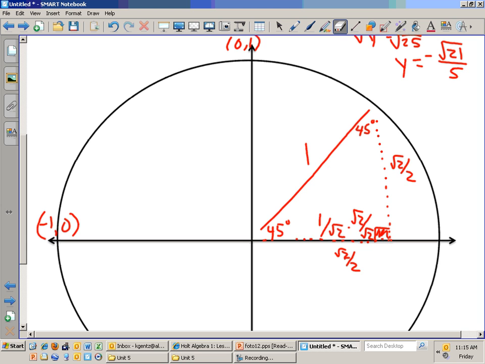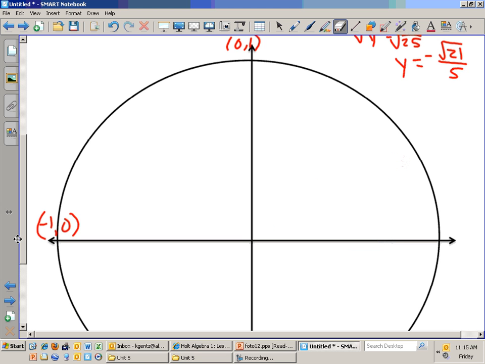So now I will construct a triangle of 60 degrees. That would make this 90. That would make this 30. Tell me, what is the longest side? What is the hypotenuse? 1.